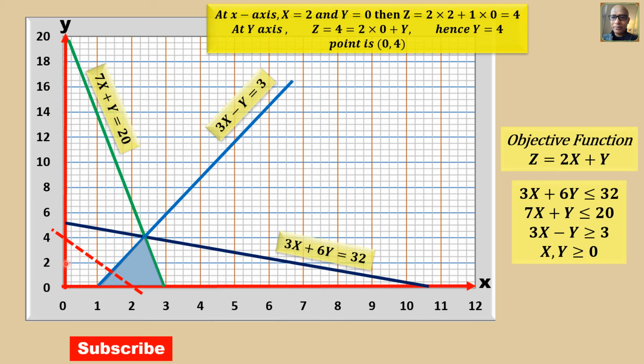Now since we want to maximize, because we want to find the visual optimum solution, we will push this objective function line far from the origin, far from this 0, 0, towards these points. This is our target.